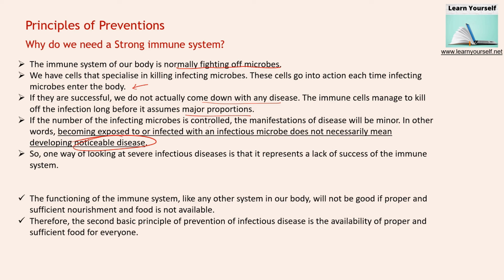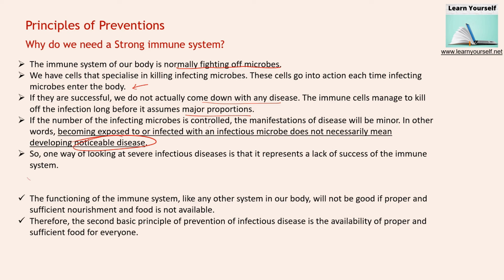So one way of looking at severe infectious disease is that it represents a lack of success of the immune system. So if you are frequently catching cold or frequently having some microbial infection, then you need to work on your immune system.